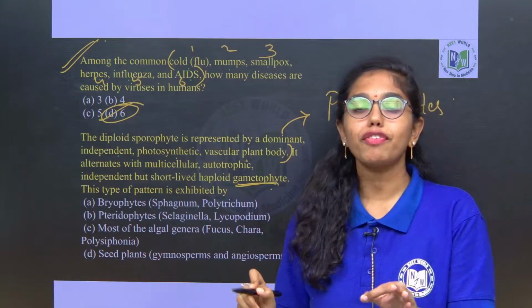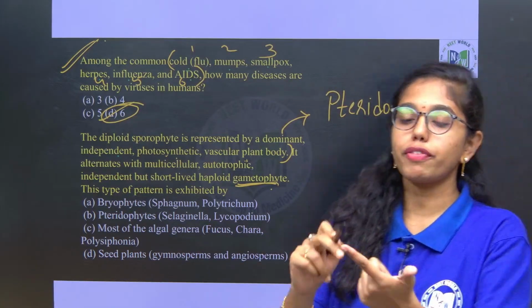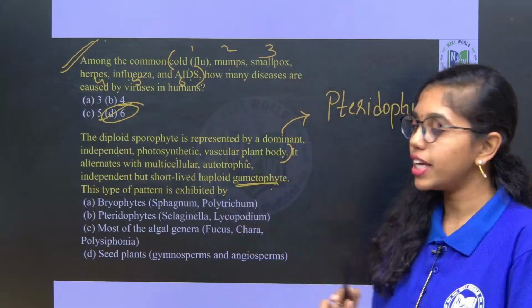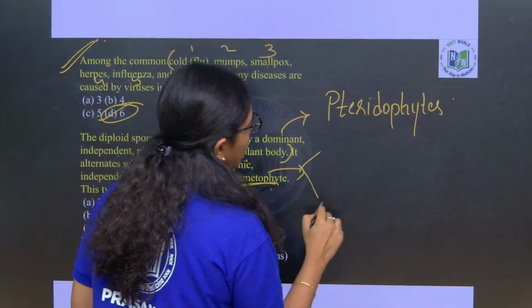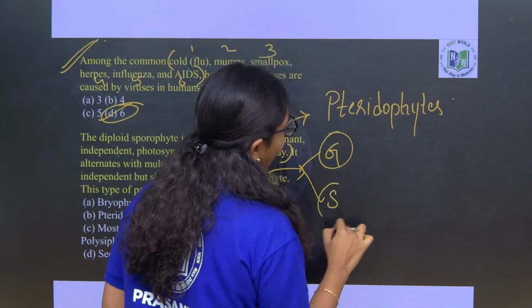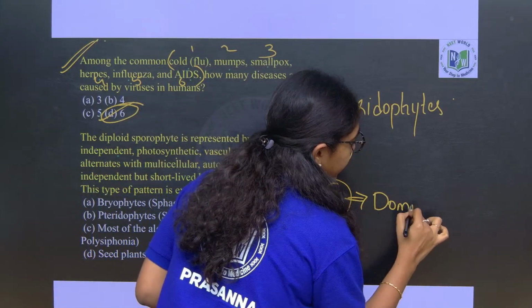In pteridophytes you have to remember that both gametophyte and sporophyte are independent of each other, but the sporophyte is dominant.